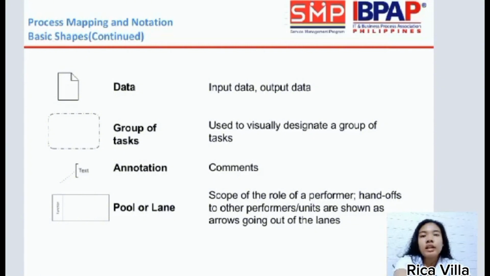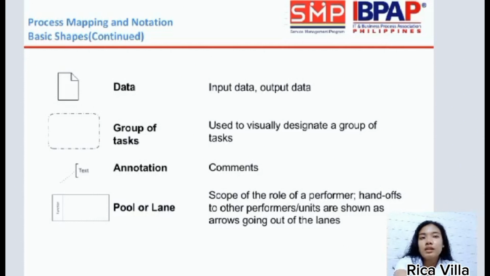Comments indicate added information about the action. Next is the pool or lane: the scope of the role of a performer. Handoffs to other performers are shown as arrows going out of the lanes.